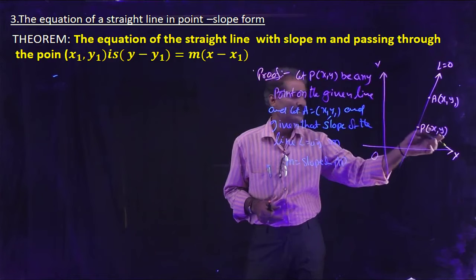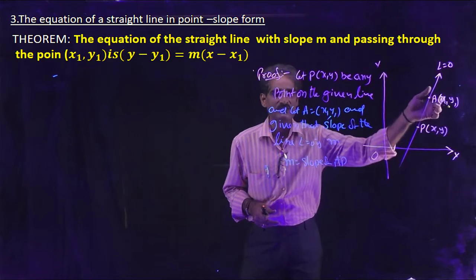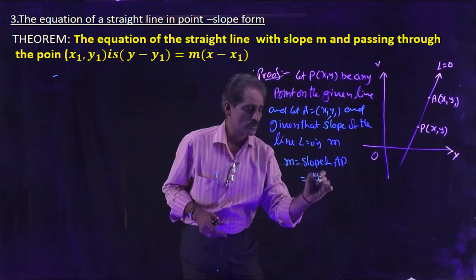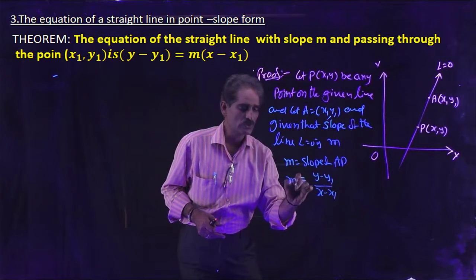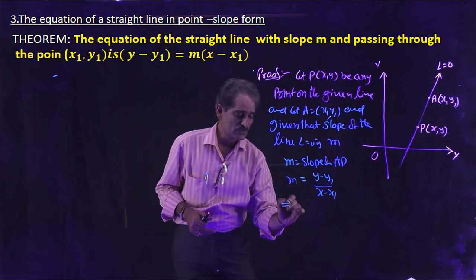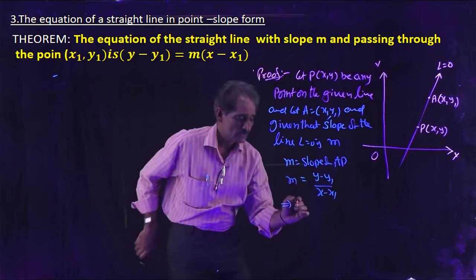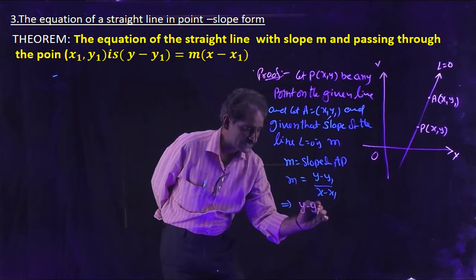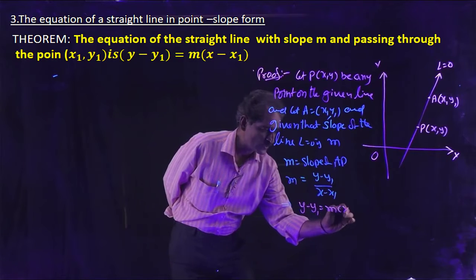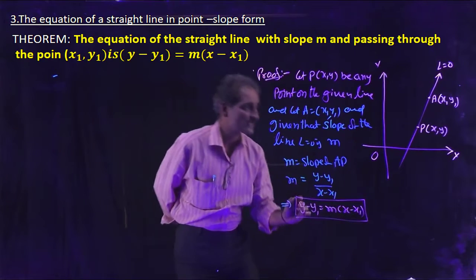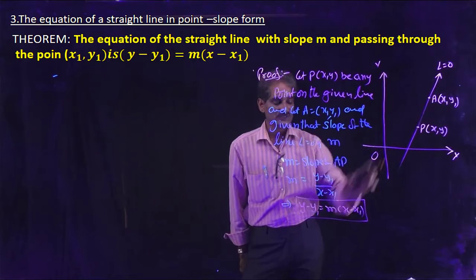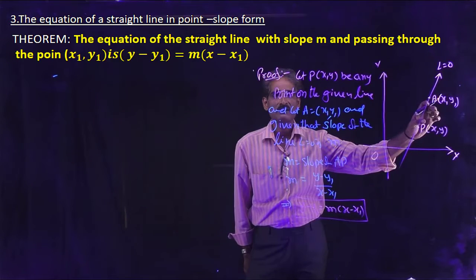Slope of AP means y2 minus y1 by x2 minus x1, that is y minus y1 by x minus x1, equal to m. Now from this we can write y minus y1 is equal to m into x minus x1. This represents the equation of this line. Understand?